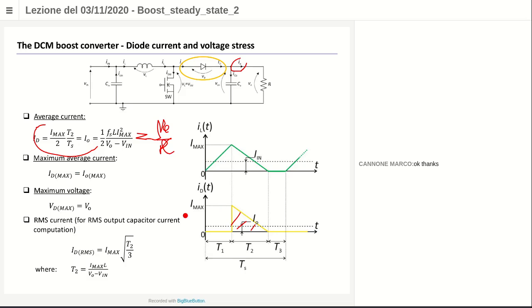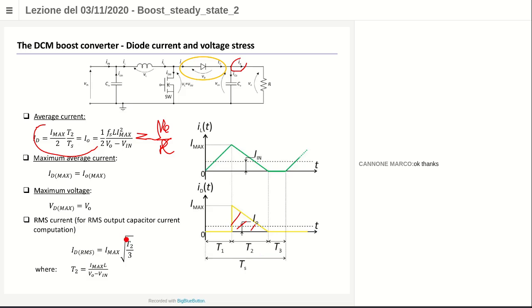Maximum current is again Imax. I can also compute the root mean square current of the C0. The root mean square current of this waveform is again 1/3 of the rectangle that encloses the square of this parabolic arc. So Imax square divided by 3 multiplied by T2 divided by Ts.